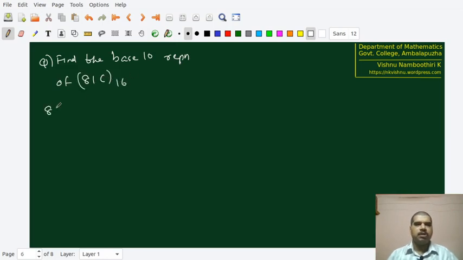So to find it, write 81C in base 16. Remember that every digit here represents a power of 16. So starting from the rightmost, C into 16^0 plus 1 into 16^1 plus 8 into 16 square. But C in decimal digit, this is A, B, C, 9, 10. What was it previously we had?